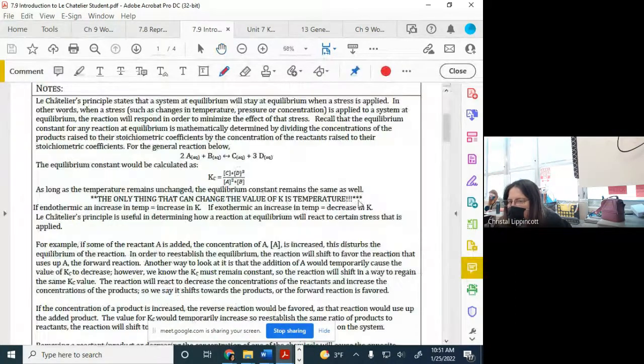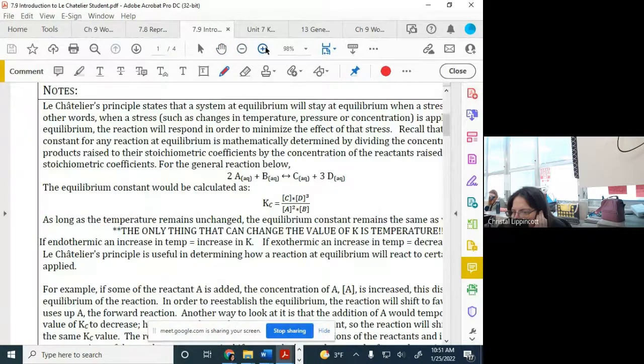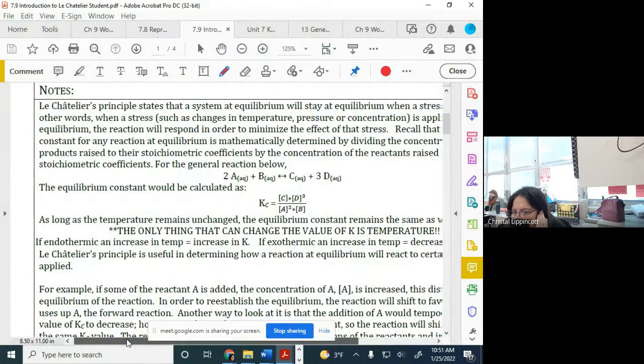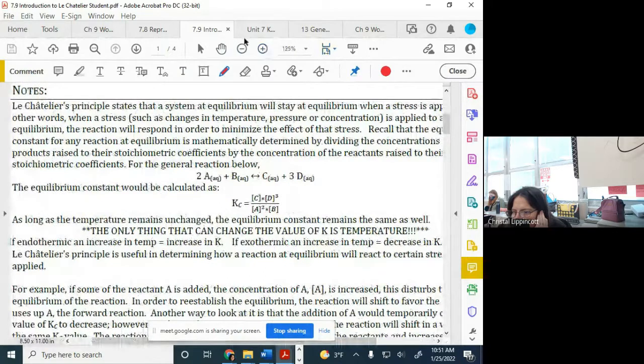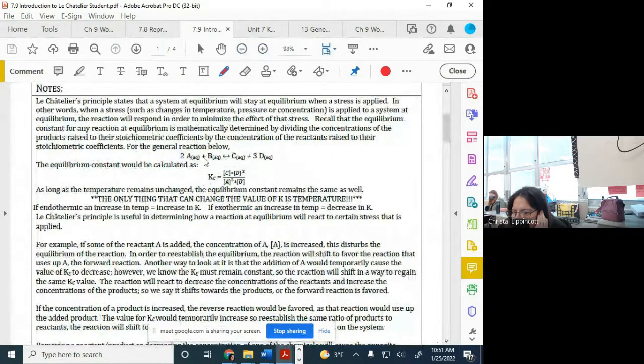So stress can be applied in a variety of different ways. It could be applied by increasing the pressure, by adding in or taking away some of your products or reactants. It could also be affected by a change in temperature. Remember that temperature is the only thing that K can be changed by. So the only thing that's going to change K is temperature.